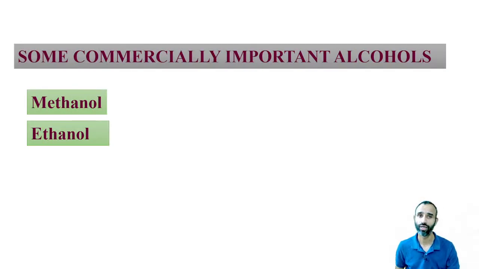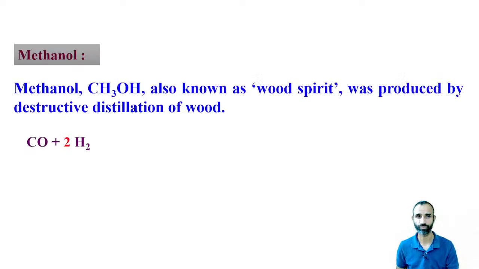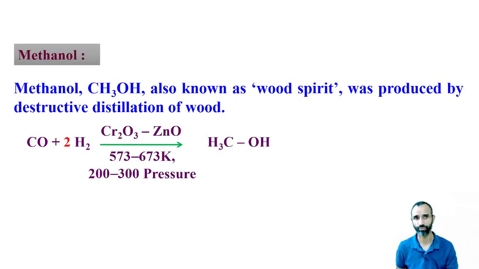Commercially important alcohols are methanol and ethanol. Methanol is also known as wood spirit. That's also important. It is known as wood spirit because it was produced by destructive distillation of wood.